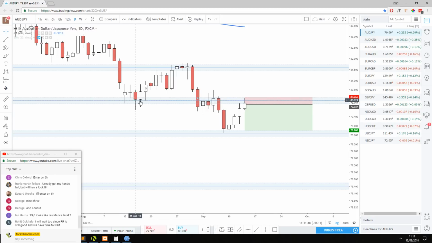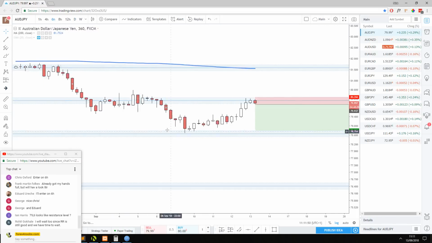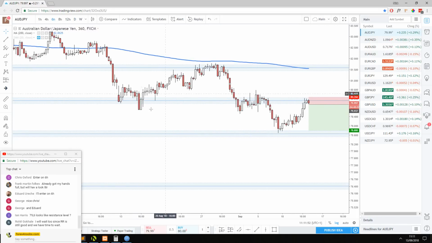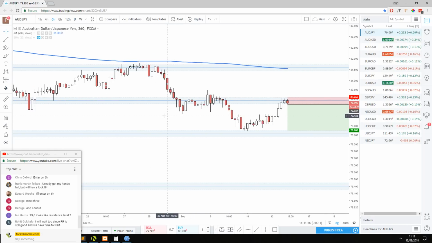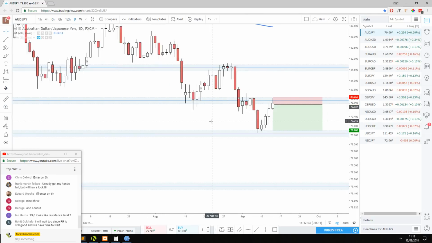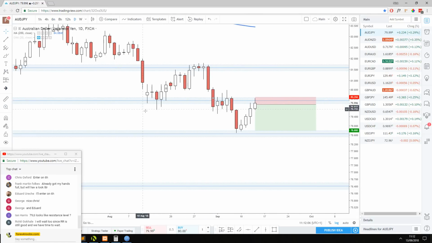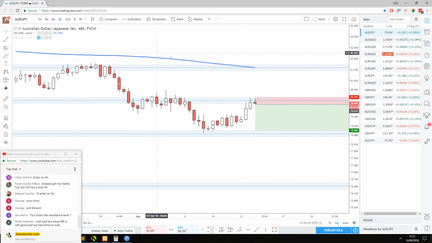On the daily, it's just stalling out along here. But on the lower time frames, this looks like a big turnaround, a big impactful turnaround. So yeah, I'm not really too bothered with that. When you look at the daily, it just looks like there's some minor support down here.